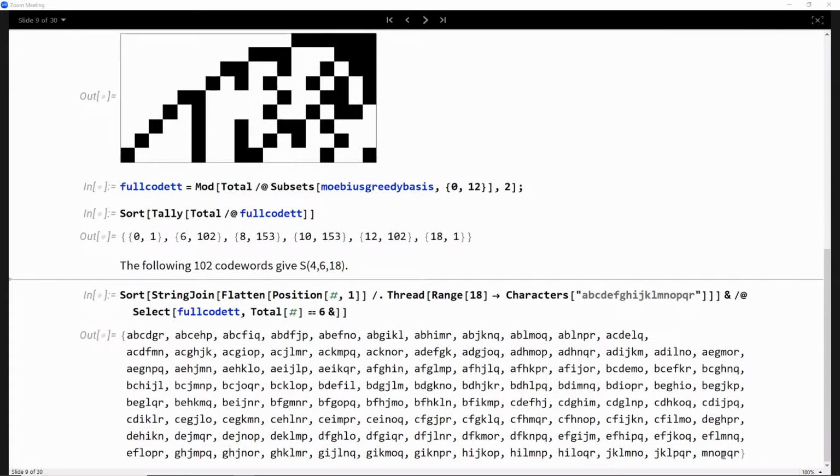There's 18 letters in this alphabet. Each of the blocks is 6, and any group of 4 is represented somewhere in here. Like, for example, ABCD is represented in this one, ABCE is represented in this one. And for any 4 different letters, it's somewhere within one of these 102 code words.